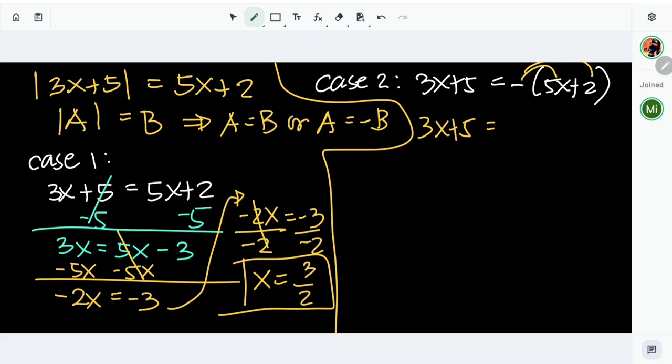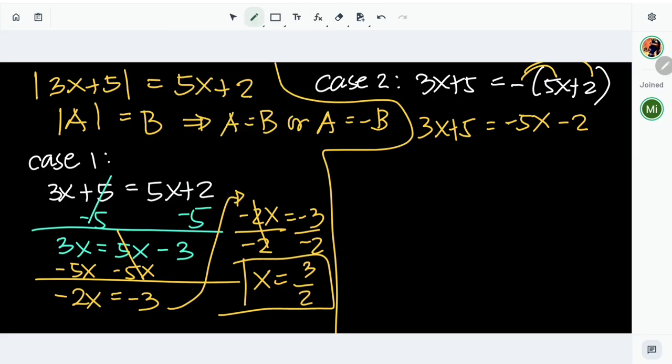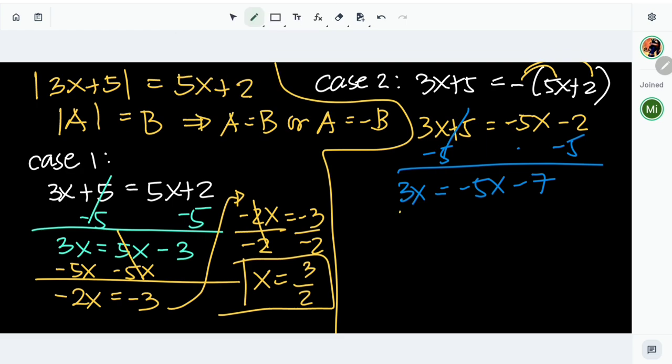Then the other case, this is 3x plus 5 equals, we distribute the negative sign, that is negative 5x minus 2. Then we subtract 5 from both sides, and we're left with 3x equals negative 5x minus 7. Then we add 5x to both sides, and this cancels out. 3x plus 5x is 8x equals negative 7.